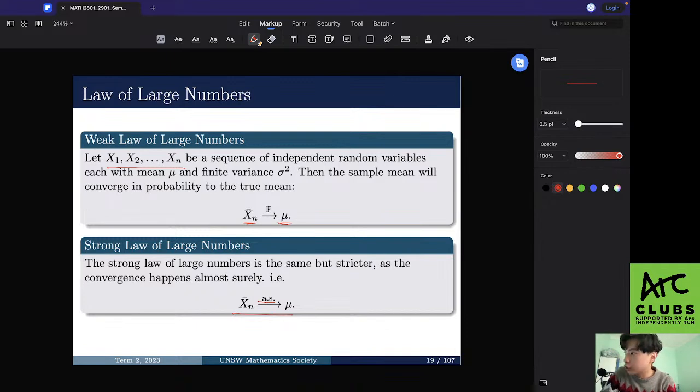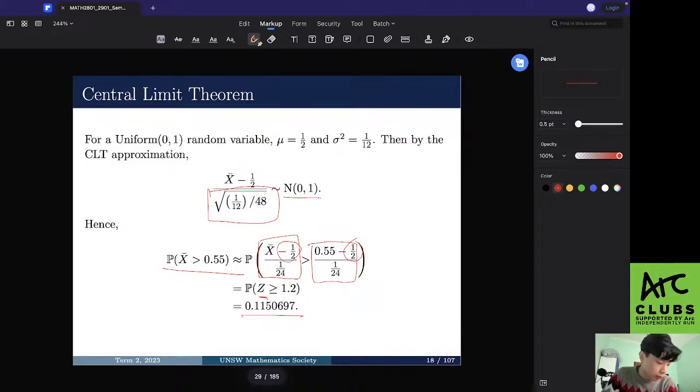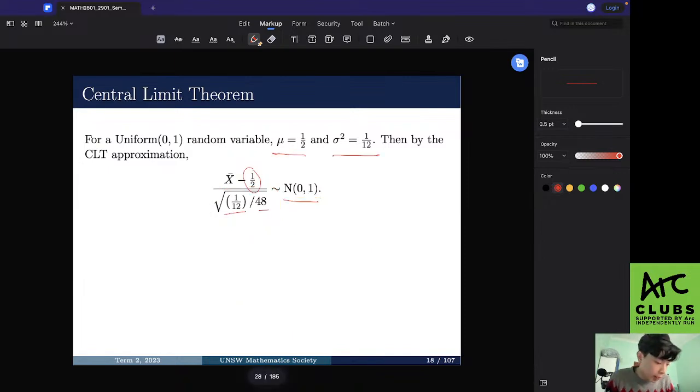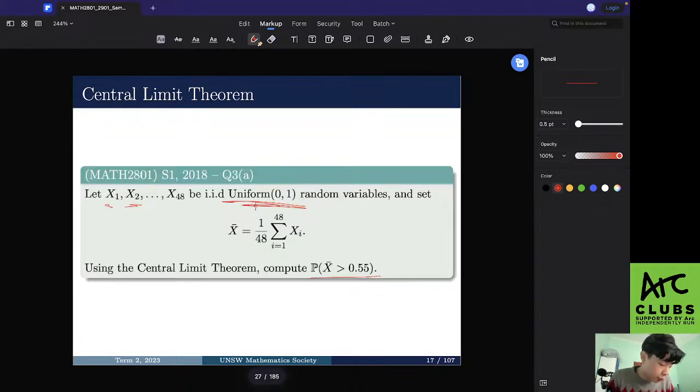So we just had a question. How did we get the variance and the mu? So in this question, the way we got the variance and the mu is if we check the table for a uniform distribution, we know that the parameters are 0 and 1. So since A is 0 and B is 1, we can sub it into the values in the table.